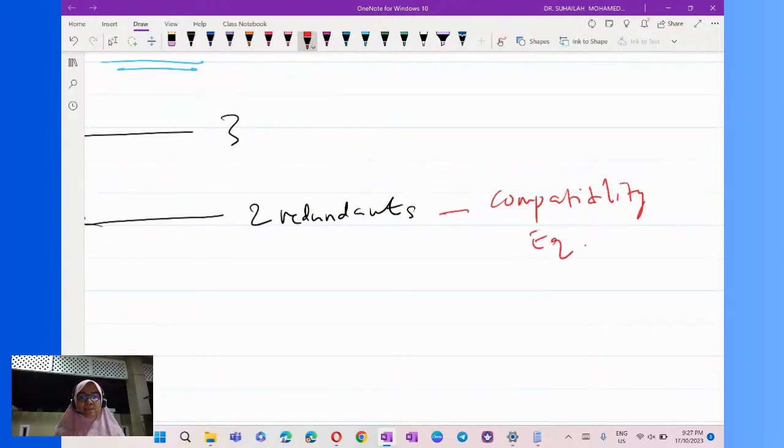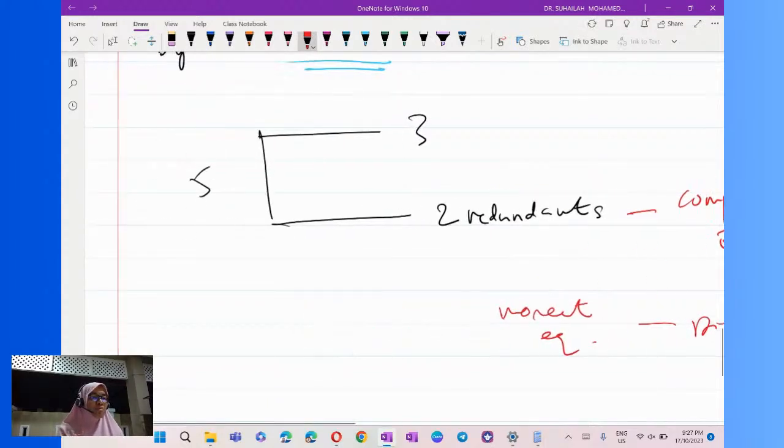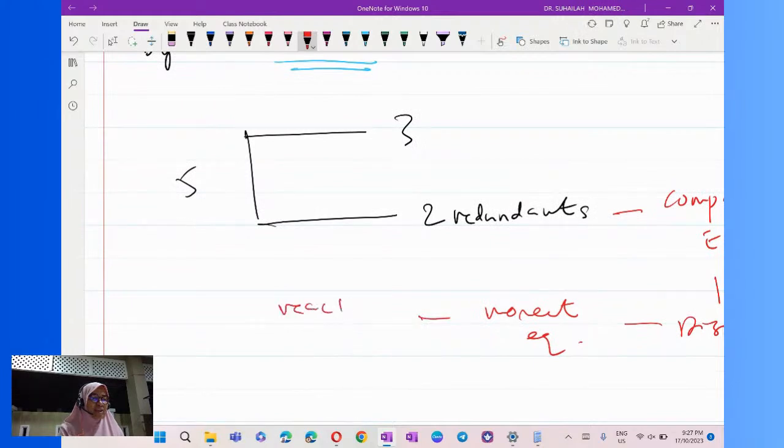What is the compatibility equation? It comes from displacement. Inside displacement, we have the moment equation, and the moment equation we get from reactions. When we want to write the moment equation, we must have the reactions. Only then can we write the moment equation for a beam and for a frame.